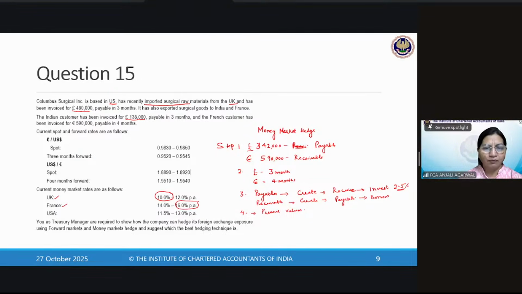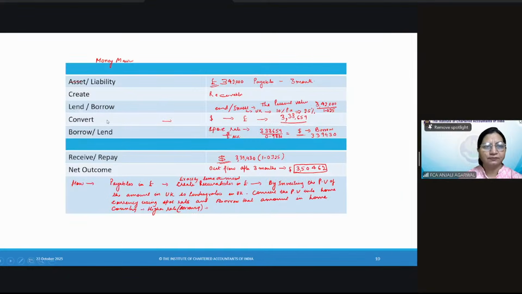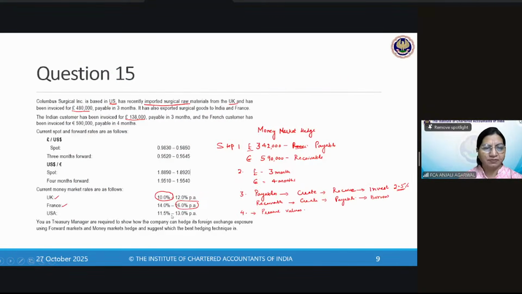Now, if you want to borrow that much amount in euros, you will convert the borrowed euros into dollars, and that dollar will be then invested in the US, your home country. So you will invest that much amount in the US at 11.5% for 4 months.